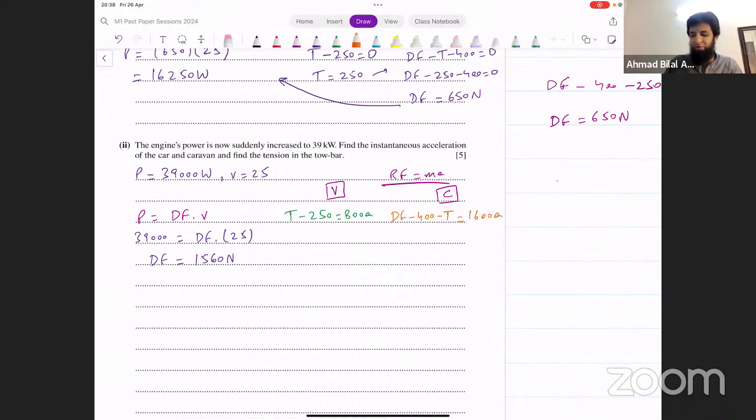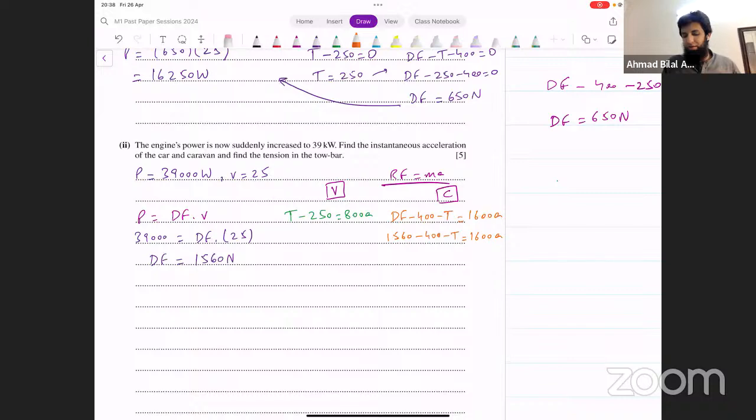Now we know the value of driving force. We have found that here. We can put that in that equation and we get 1,560 minus 400 minus T equals 1,600 times A. And now we've got two equations in which acceleration and tension are the two unknowns. We can find their values and see what they turn out to be.